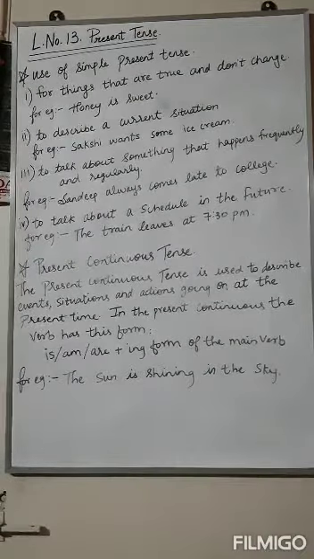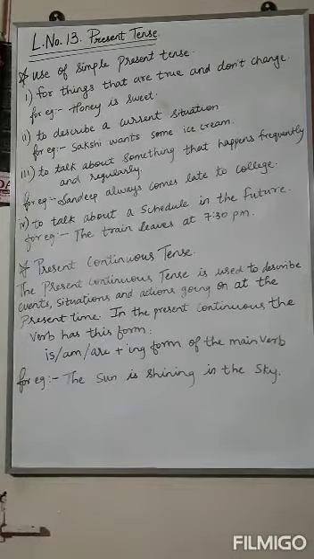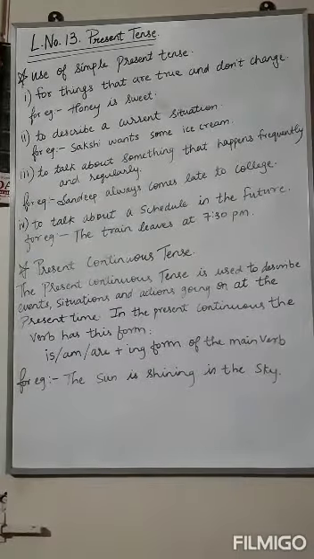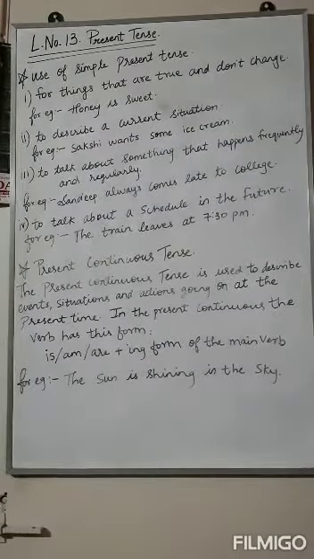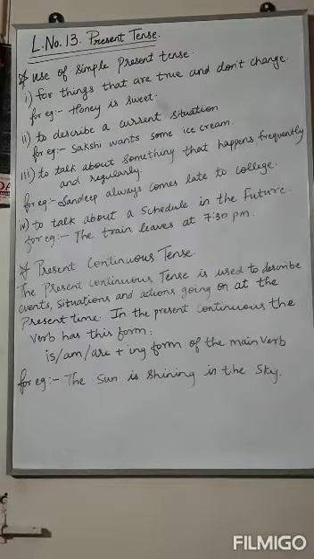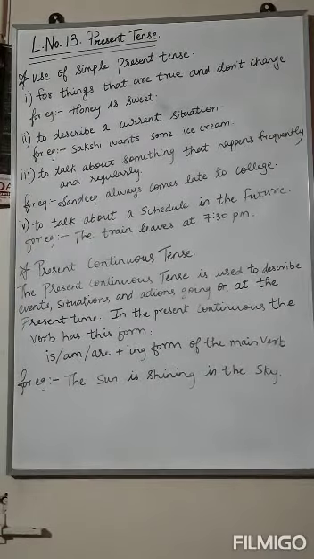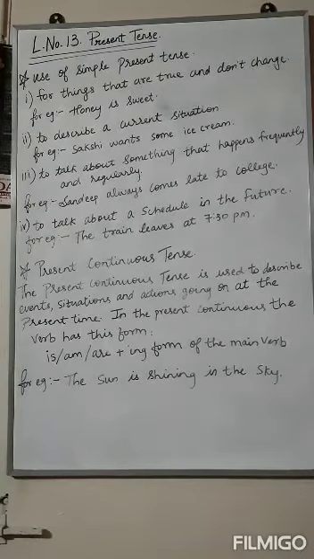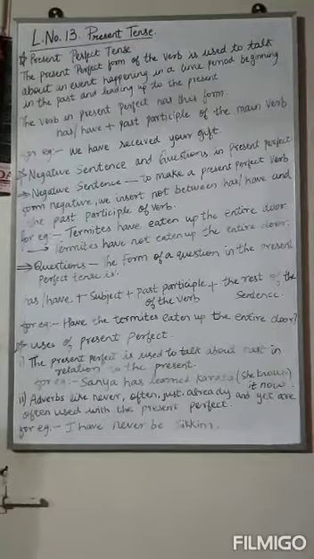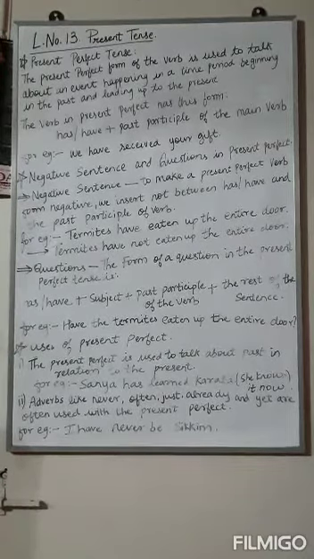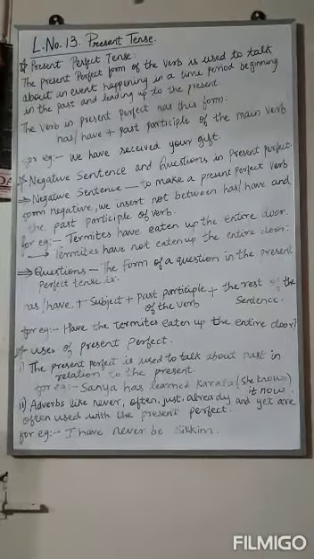For example, the sun is shining in the sky. Now the sun is there and shine is the verb. For shine we have added ing to make it in present continuous form. Next we'll move on to present perfect tense.